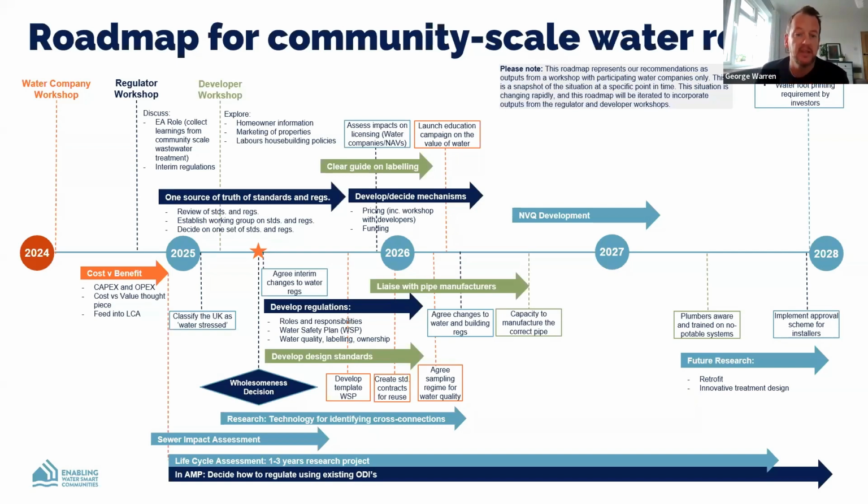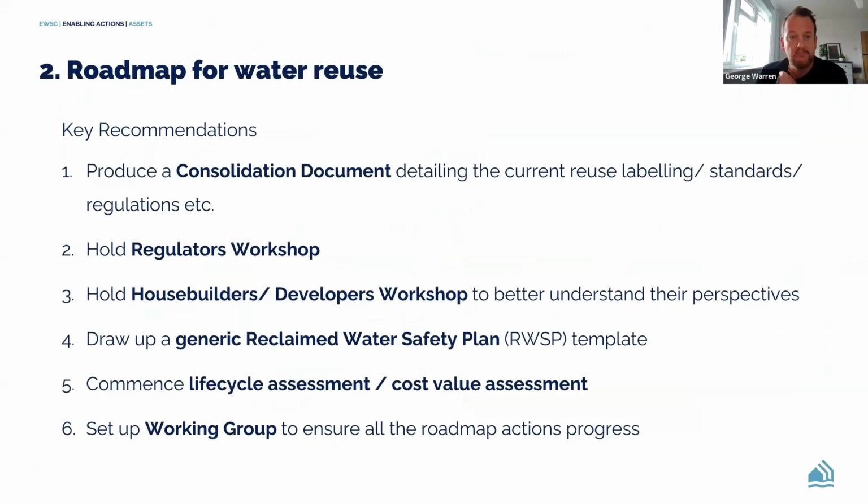The idea being that there's a lot of things that feed into one another, and we want to start to see at what point we think we'll be able to get to a point of water companies being able to adopt and own and deliver such reuse schemes.